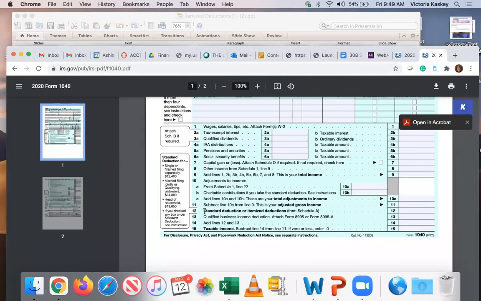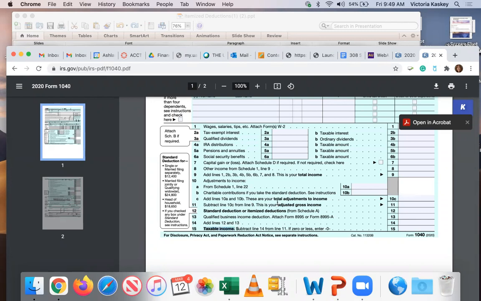Line 12 states standard deduction or itemized deduction. Notice that that is used to reduce adjusted gross income, line 11. That amount is used to reduce adjusted gross income to get to taxable income.